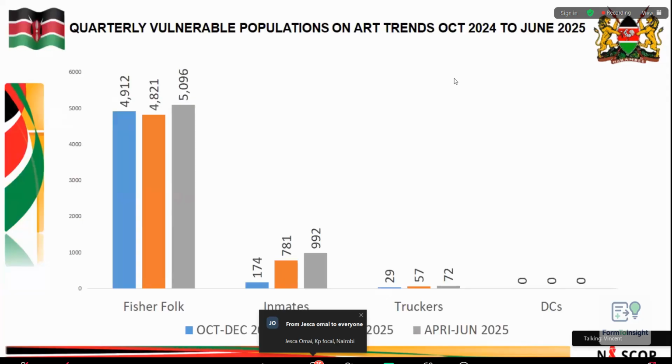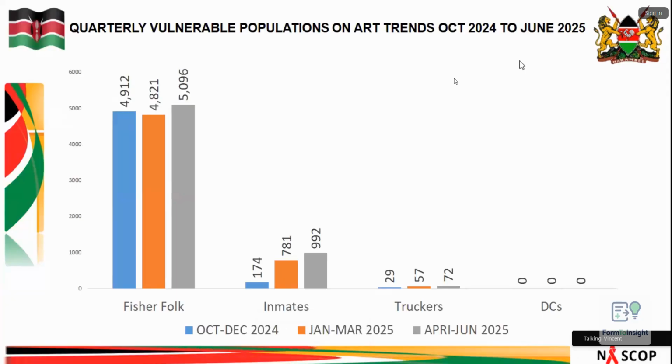And these are the trends of ART for vulnerable population. So you can see for fisher folk, a slight improvement because now we are at 5,000 as at June 2025.